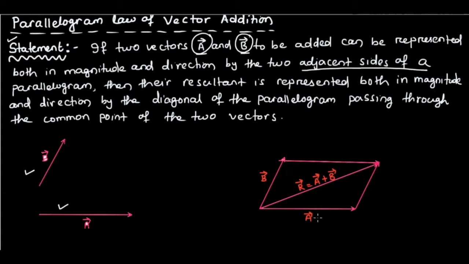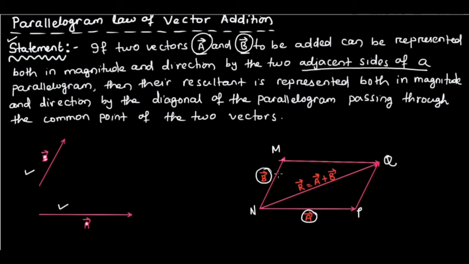I have represented the two vectors A and B as the two adjacent sides of the parallelogram MNPQ. Is that clear? MNPQ is the parallelogram and the two adjacent sides are MN and NP.